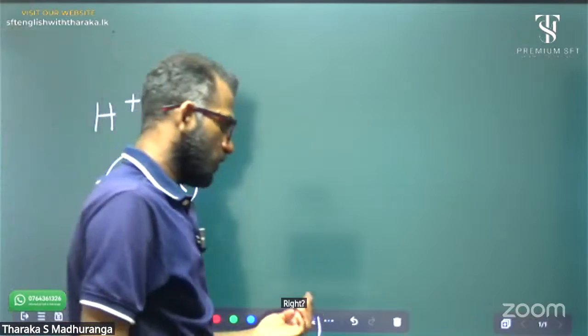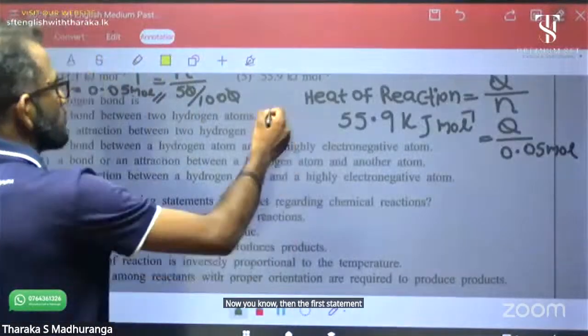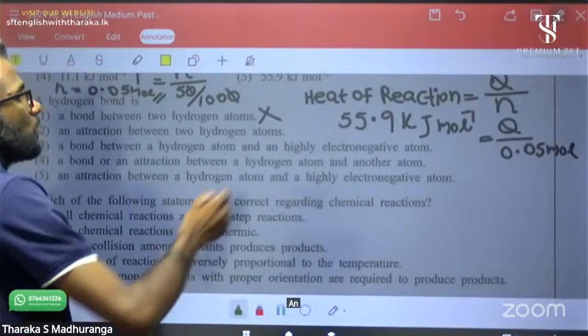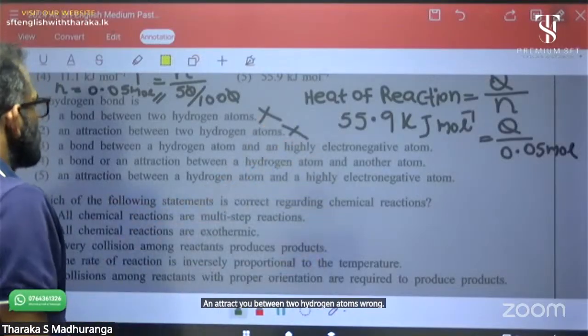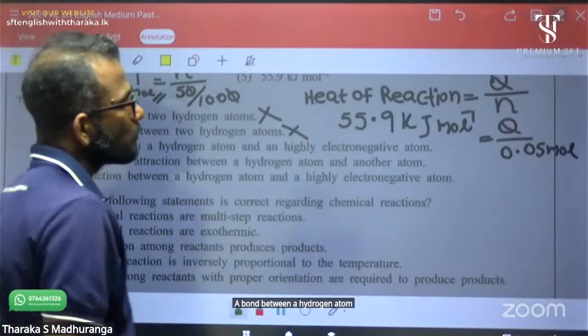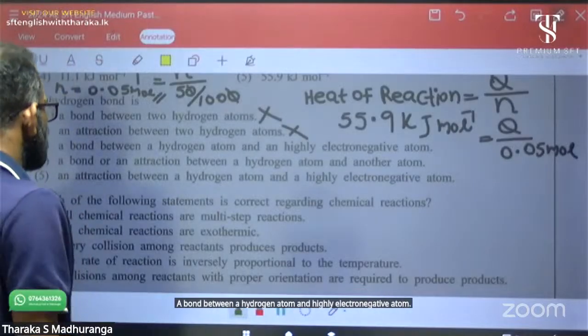Now you know the first statement is wrong: an attraction between two hydrogen atoms, wrong. A bond between a hydrogen atom and a highly electronegative atom, not the bond. The third one is correct.